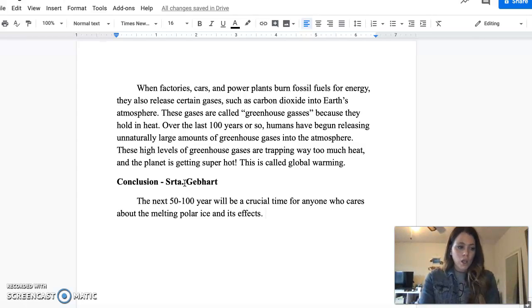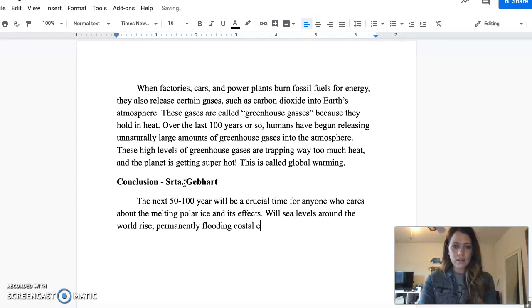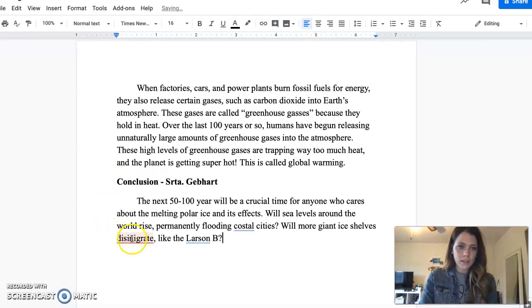Okay. Will sea levels around the world rise, permanently flooding coastal cities? So a question for them to consider. Will more giant ice shelves disintegrate, like the Larsen B? I spelled that incorrectly.